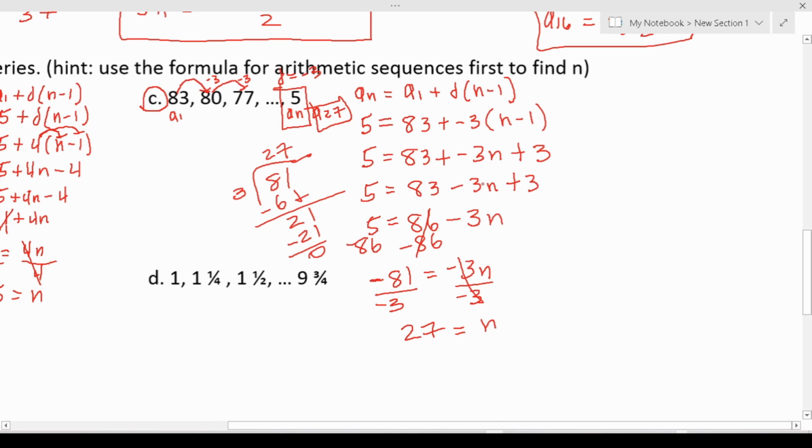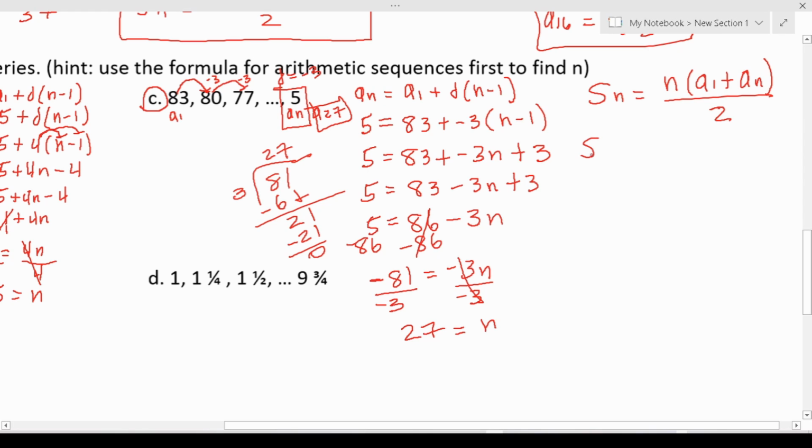So with that information, we can now figure out what the sum of all the terms in this sequence or series is. Again, we do that using this formula: S sub n equals n times a sub 1 plus a sub n, all over 2. And we know what n is now. The final term in this sequence is the 27th.